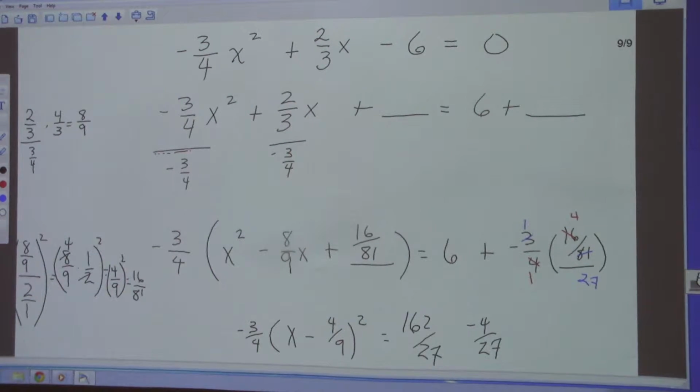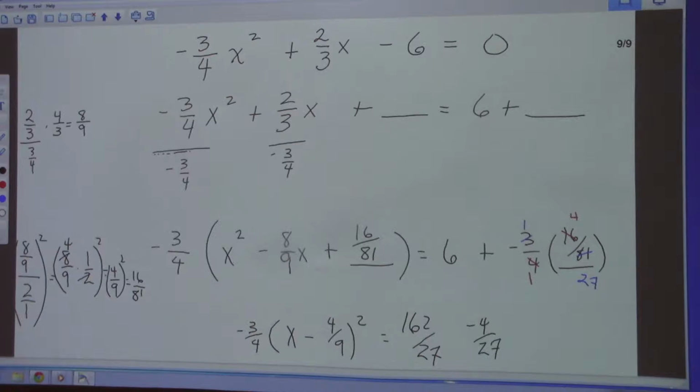Y'all know what kind of questions y'all are asking? What kind of questions are y'all asking mostly? Having to deal with what? Fractions. Why is that? Because we use our calculator. We like to use our calculator. Same reason the cash register person's head blows up when you give them 6 cents.